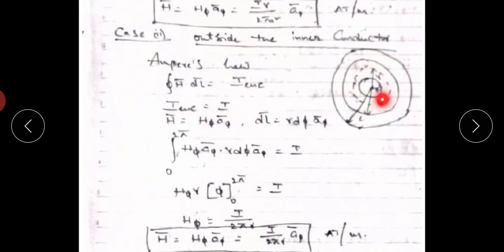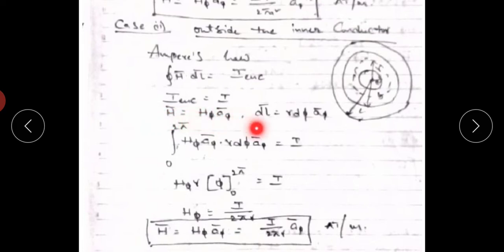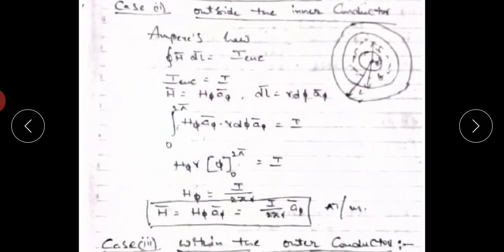In the Ampere path the total inner conductor is enclosed, so the current enclosed equals the inner conductor current, which is I. So I enclosed equals I, H equals H phi a phi, and dl equals r d phi a phi. Integral from 0 to 2 pi of H phi a phi dot r d phi a phi equals I.